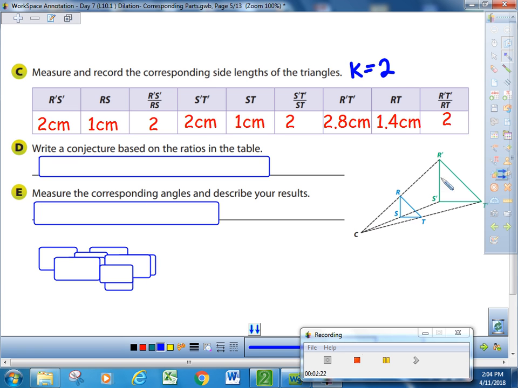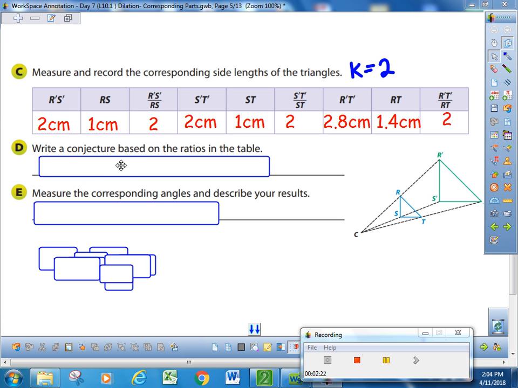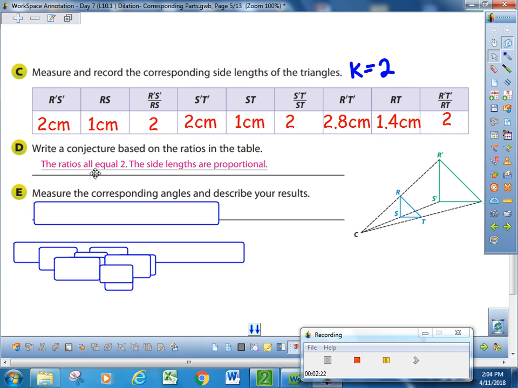That means my image is twice as big as my pre-image. So we're going to write a conjecture based on the ratios in the table. The ratios all equal 2, so the side lengths are proportional. That means that the figure grew equally 2 times on all sides.